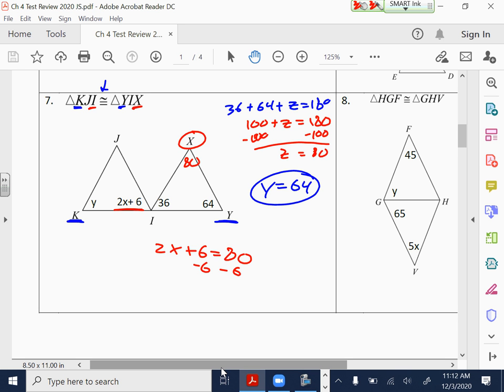Subtract 6, we have 2X is equal to 74, I believe. Divide both sides by 2. We end up getting x is equal to 74 divided by 2, which is 37.